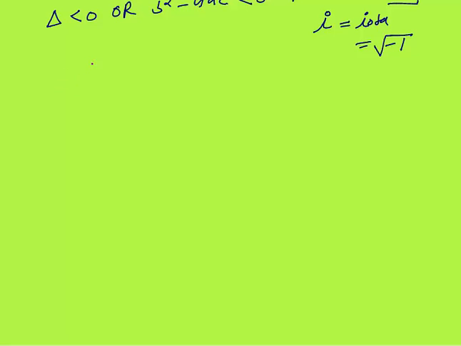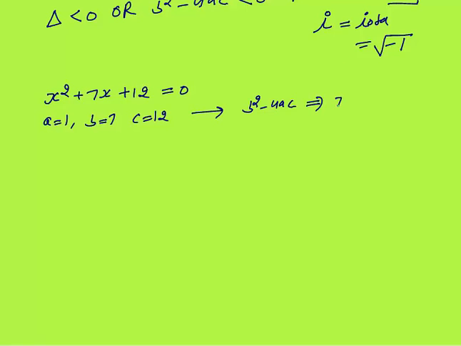I'm taking example in order to explain this. For example, if I take x square plus 7x plus 12 equals to 0. This is the equation I'm taking. Here a is 1, b is 7, c is 12. You can see that b square minus 4ac equals 7 square minus 4 into 1 into 12.